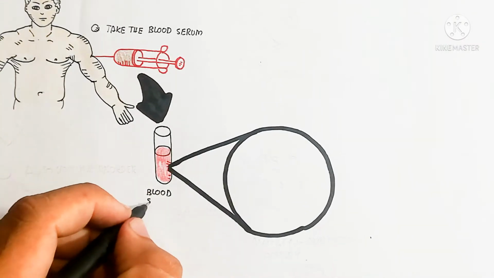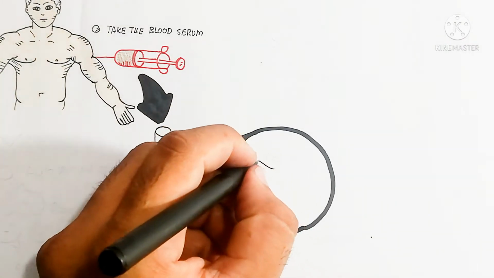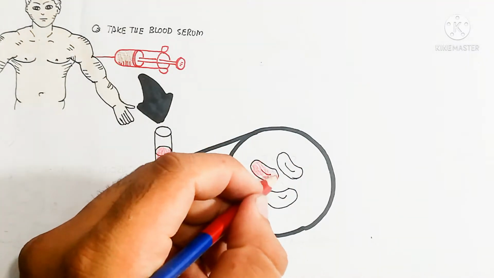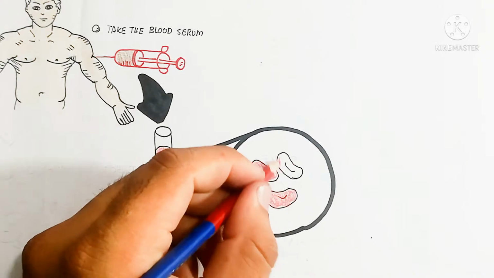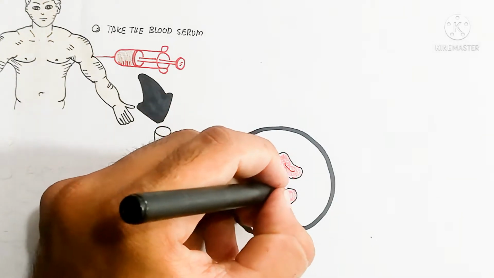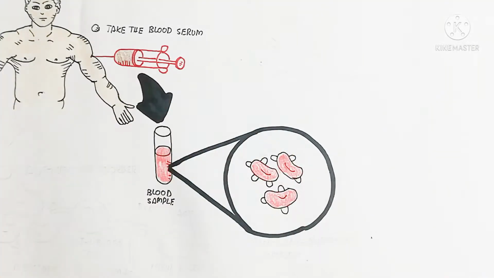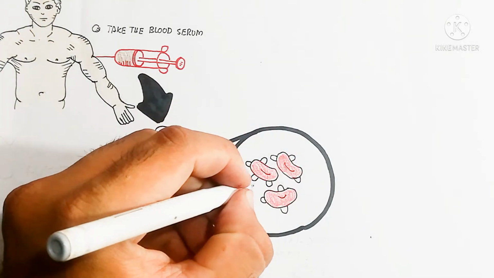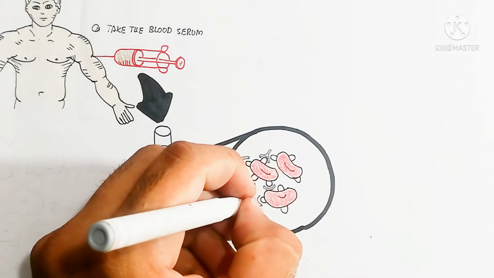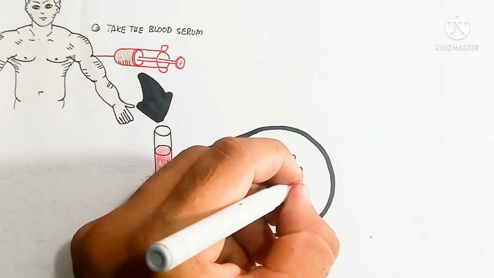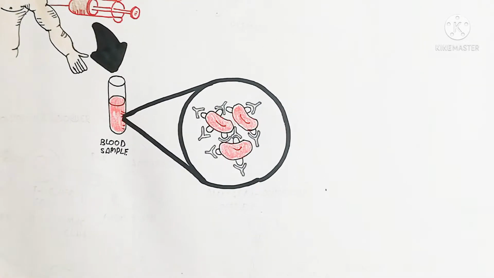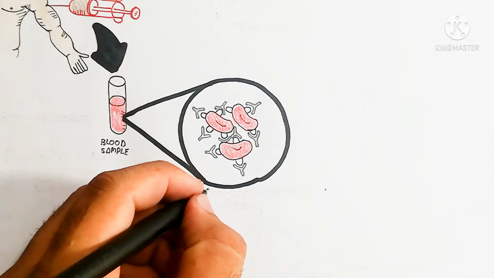This red blood cell has antibody against the antigen present on it. The attachment of the antibody to the antigen is known as antibody-antigen complex formation. This complex formation will burst the red blood cell and inactivate it or make it dysfunctional.